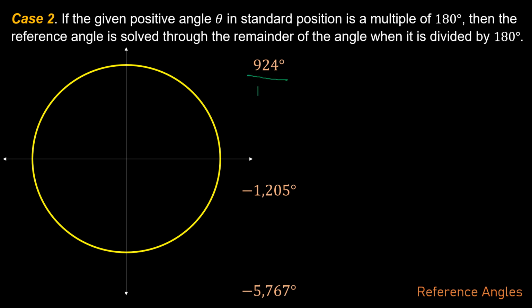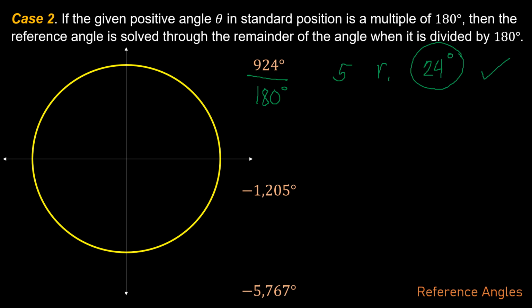So divide mo yan sa 180 degrees. Bibigyan ka niya ng whole number quotient. And that is equal to 5 with a remainder of 24 degrees. So, ang remainder na 24 degrees ang mangyayari, isa na siyang acute angle. So, therefore, ito na rin mismo ang reference angle.